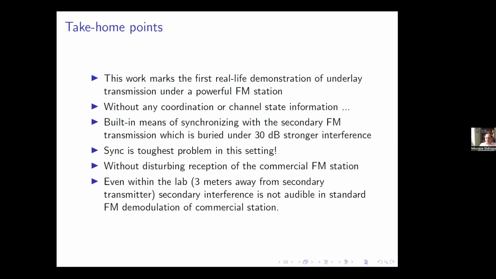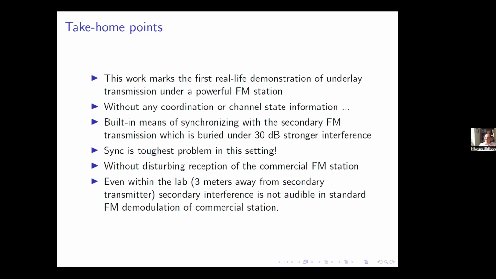Without any coordination or channel state information, with built-in means of synchronizing with a secondary FM transmission, even though it is buried under the primary FM station, right? More than 30 dB power difference between the two. Synchronization is the toughest problem, and we are not disturbing the reception of the commercial FM station, right?